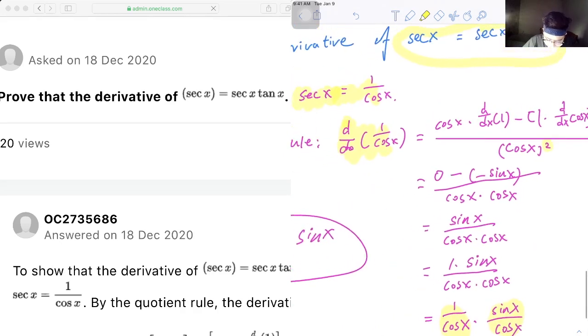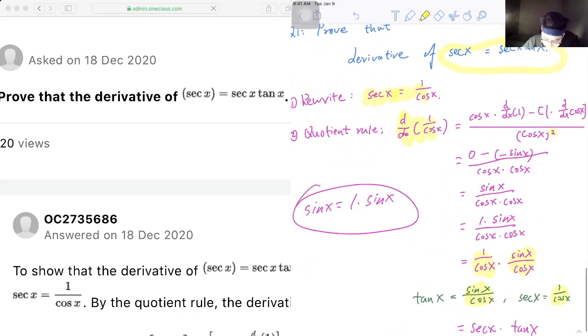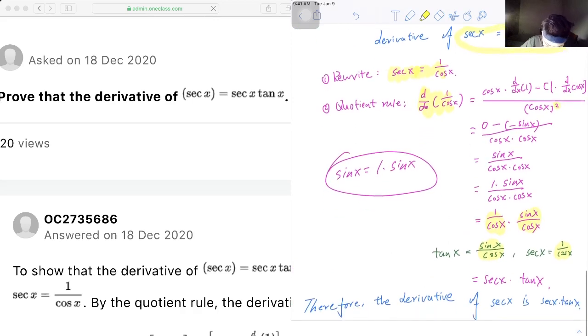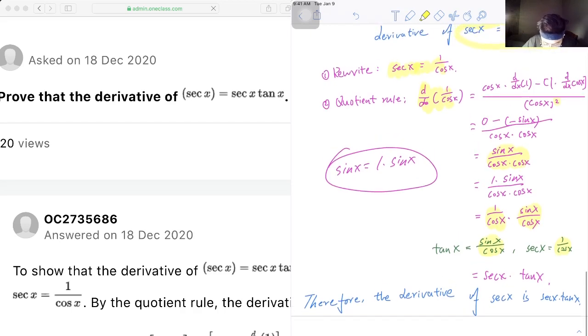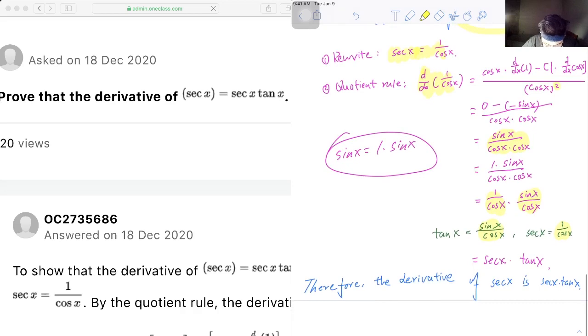So don't forget that. And then we simplify the equation. When we reach this step, we separate sine x into 1 times sine x, which is exactly the same, but it helps us to better convert this into the form of one function times the other.